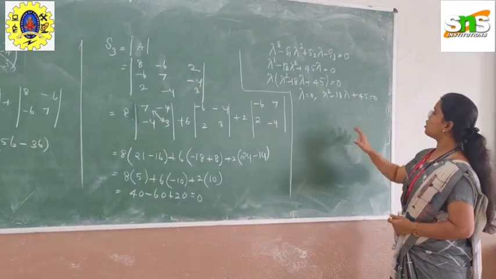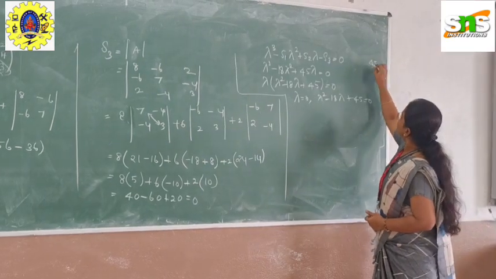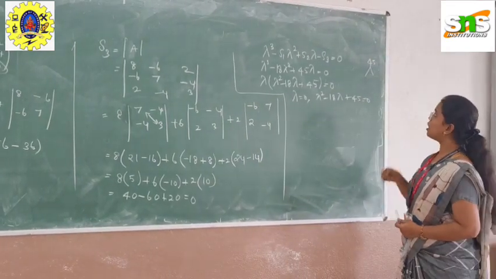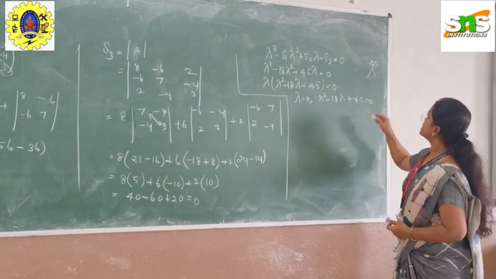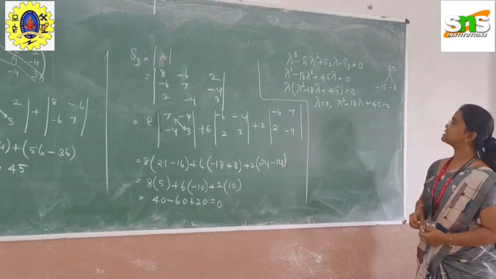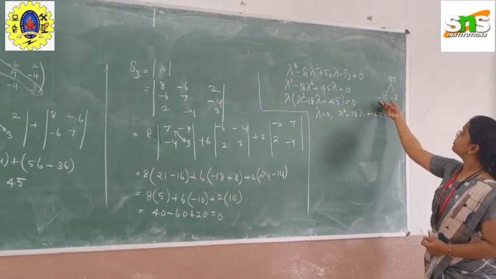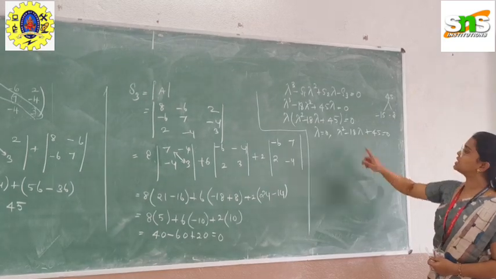Then I am going to solve this quadratic equation. I have 45 as a constant, so I have to split 45 as minus 15 and minus 3. Minus 15 into minus 3 will be 45, and minus 15 minus 3 will be minus 18.